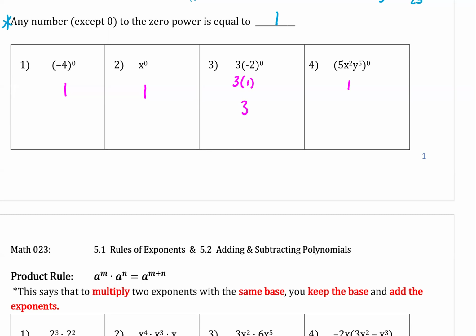So here's my funny. What would 4 cats to the 0 plus 5 dogs to the 0 equal?